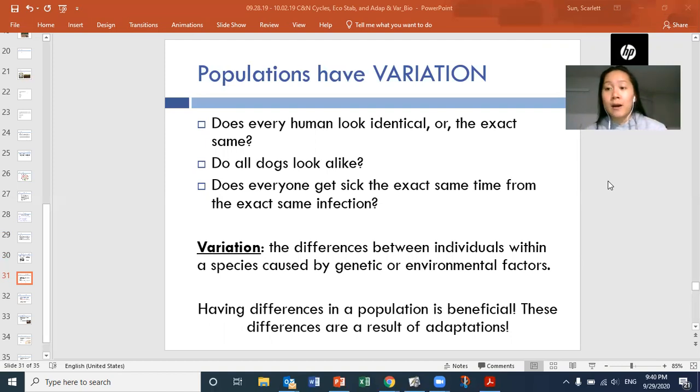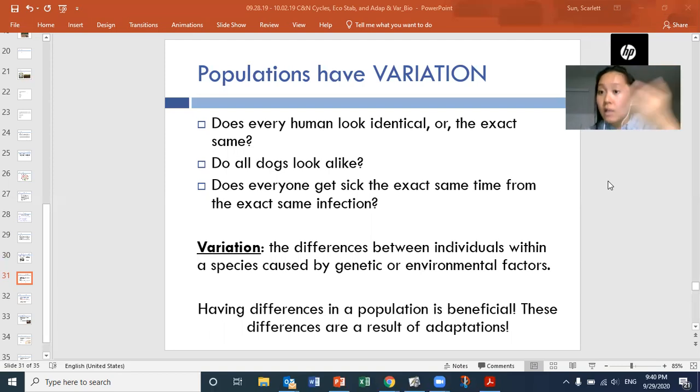Another thing that you can think about that is a little bit less obvious from the surface level is, does everybody get sick at the exact same time from the exact same infection? Now, this question is a little bit weird to think about because right now coronavirus is going around, but there are such things as carriers, right? Because some people don't actually get sick and show symptoms, right? Some people's immune systems are stronger than other people's, and that's genetic, right?